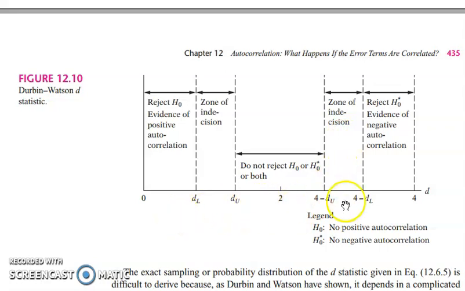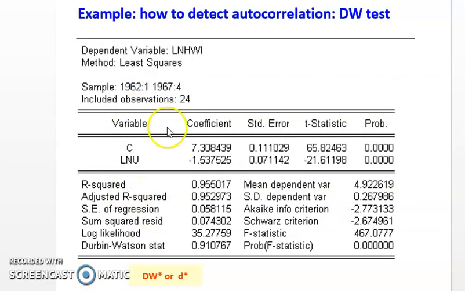We can get the values of DL and DU from the table. Once we have DL and DU, we can find 4 minus DU and 4 minus DL. This is an example of the EViews output.